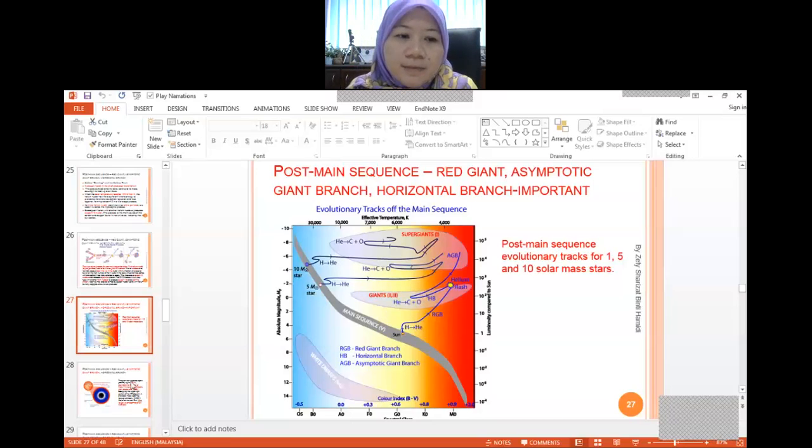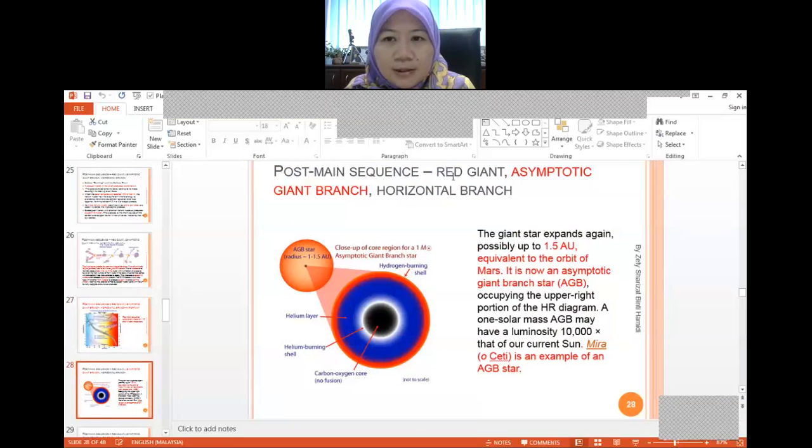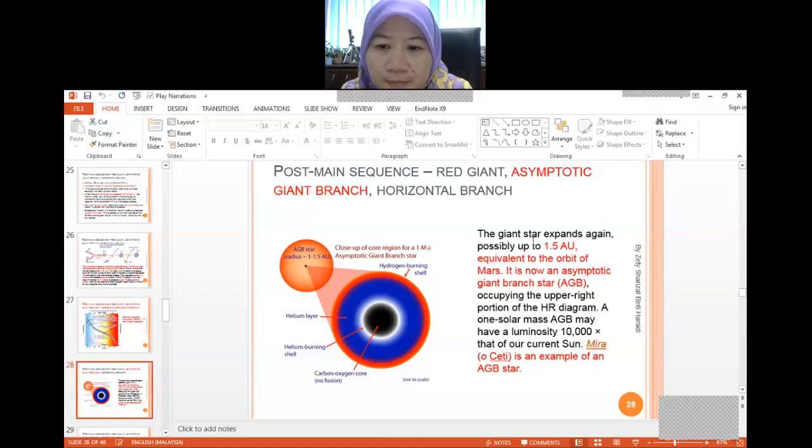Here we also have the schematic diagram that shows the asymptotic giant branch. The giant star expands again up to 1.5 AU, which is equivalent to the orbit of Mars.